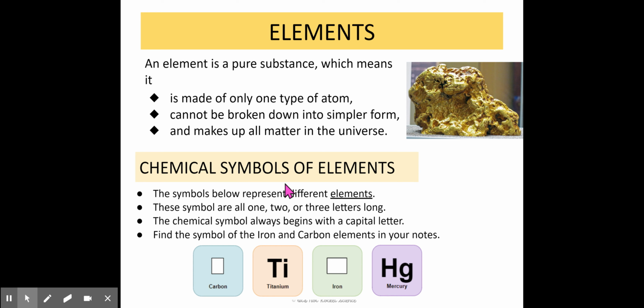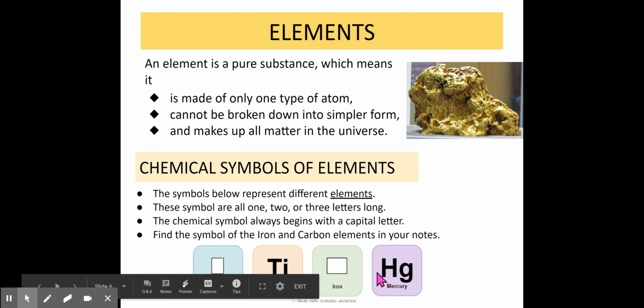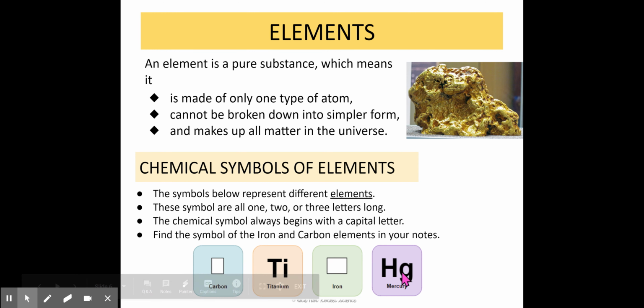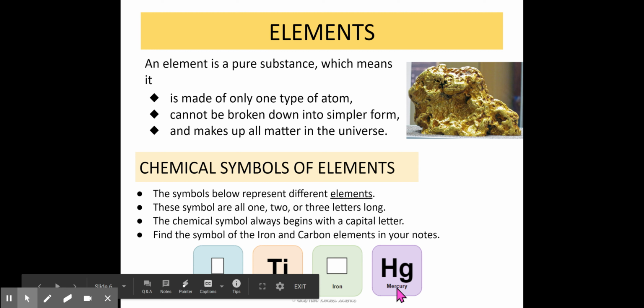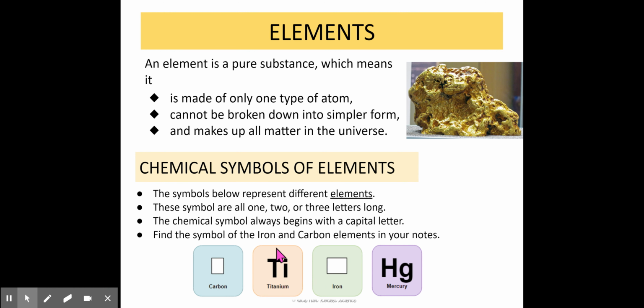When it comes to symbols of elements, Ti and Hg are representing elements. The symbol of mercury is Hg, and titanium's symbol is Ti. Carbon and iron are missing. I want you to figure this out using the periodic table.